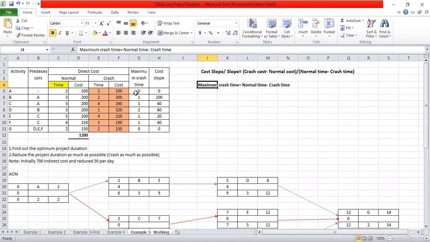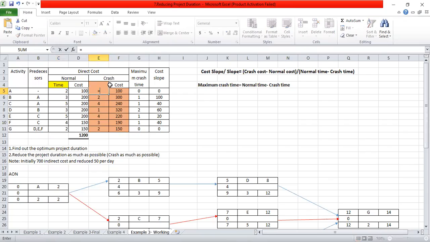So you now know about the maximum crash time, and you know about the normal time as well. So you can take the crash time. From the normal time, you have to deduct the maximum crash time. If you deduct the maximum crash time from the normal time, you get the crash time.